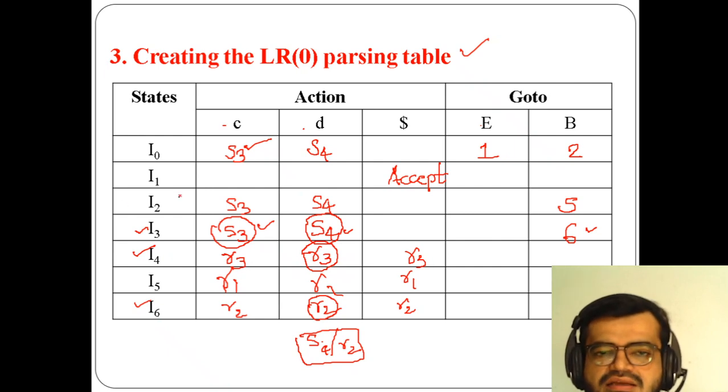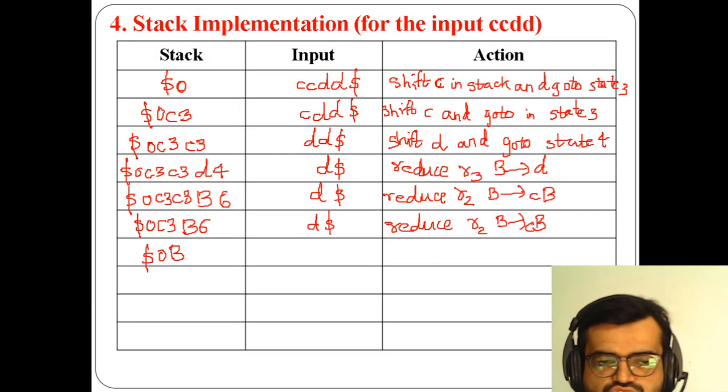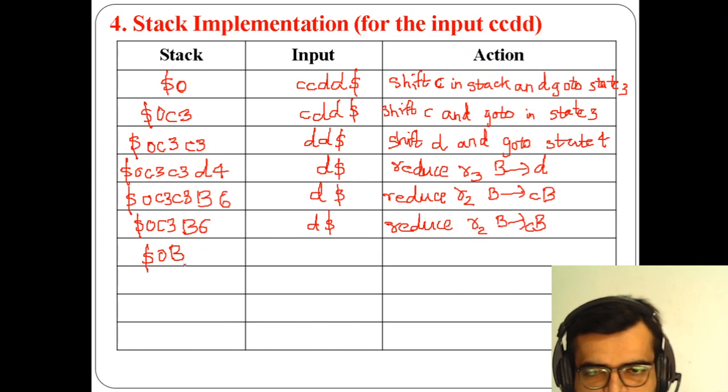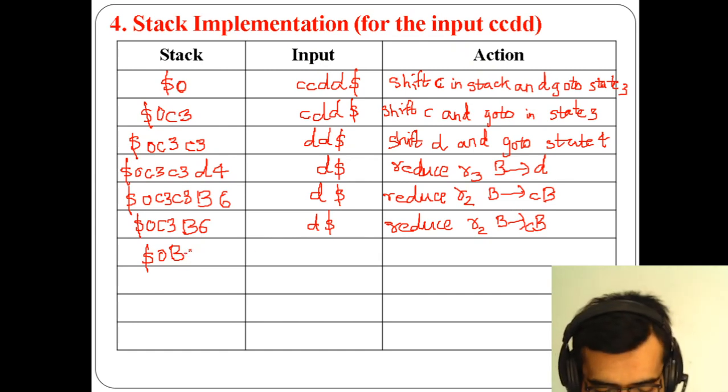So this B, we now take as 2, because we have taken this 6 here and nothing remains, so I'm just taking 2 here.